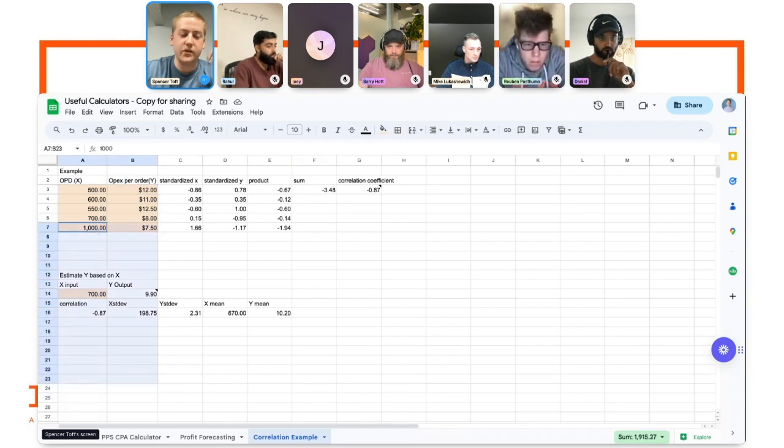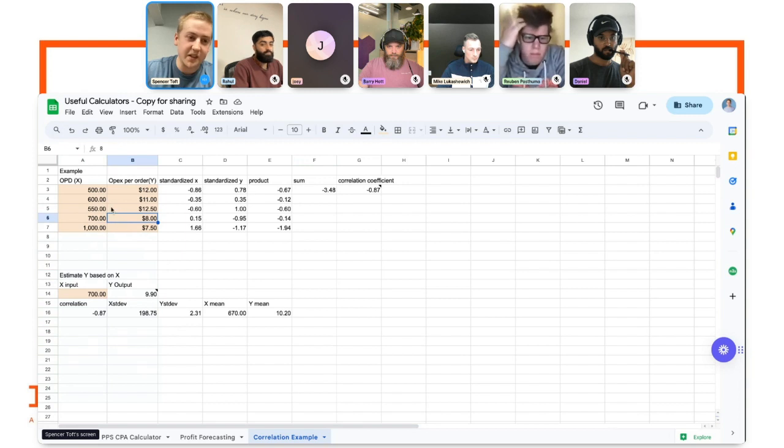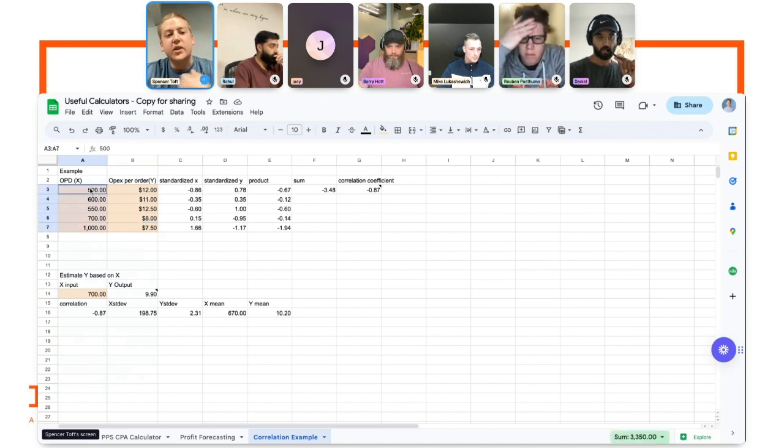I wouldn't trust a correlation unless you had at least this many inputs and outputs. This is a very limited sample, just for the purpose of example. So let's say orders per day is your X value, and operating expense per order is your Y value. So you would do this like a historical analysis.